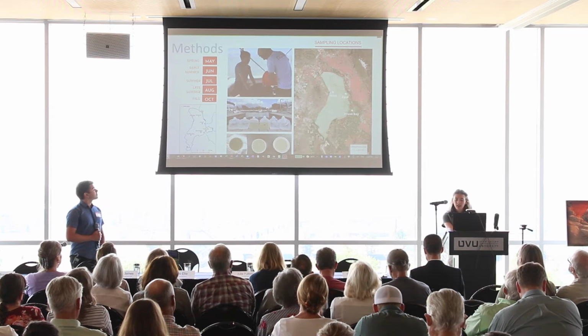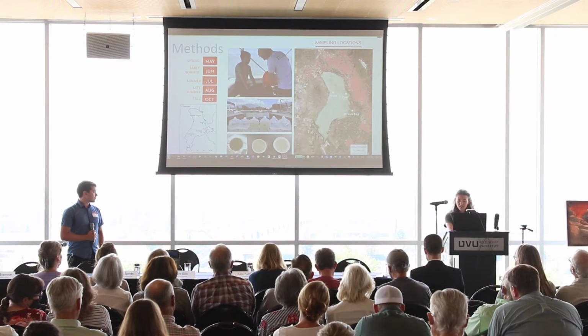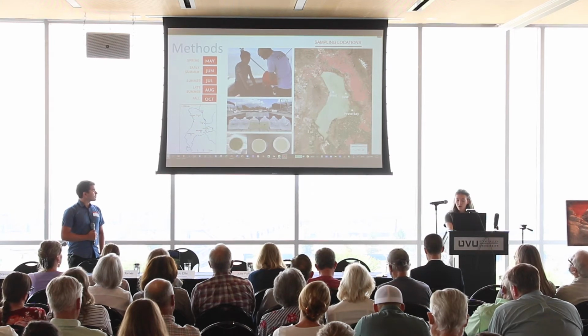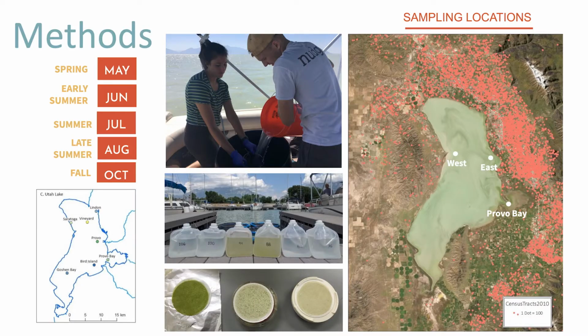So our lab has been studying Utah Lake for a few years now. We've done multiple studies monitoring lake seasonal water quality characteristics and bloom dynamics across several different lake locations, and most recently we conducted bioassays where we collected water from 3 different sites across Utah Lake: Provo Bay, which is highly impacted by urbanization, the east, which is moderately impacted by urbanization, and the west, which is lightly impacted by urbanization but will continue to be more impacted by urbanization as we progress into the future.